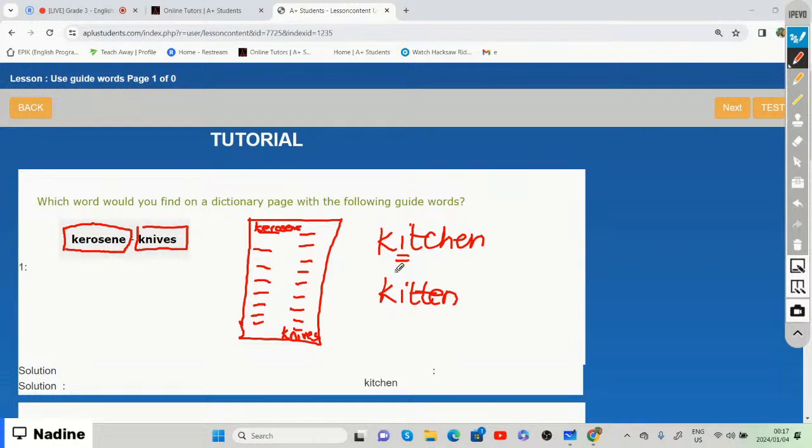That is also a word that you'll probably find between these two guide words, because we have our first letter, which is K, and then our second letter, which is I. And I also comes between E as well as N, right? So that is just two words so far that you will find between those two guide words.